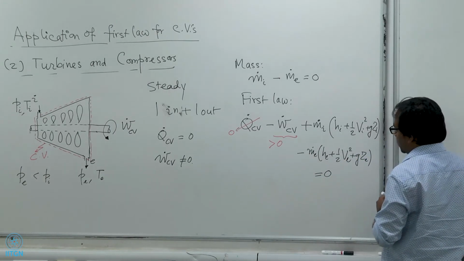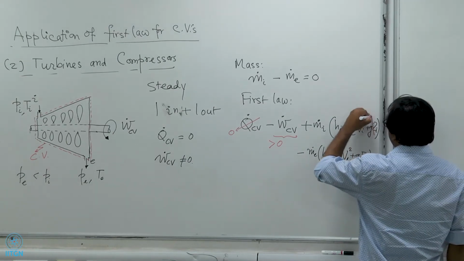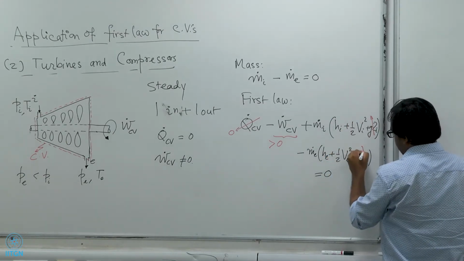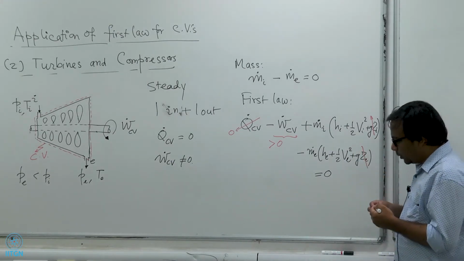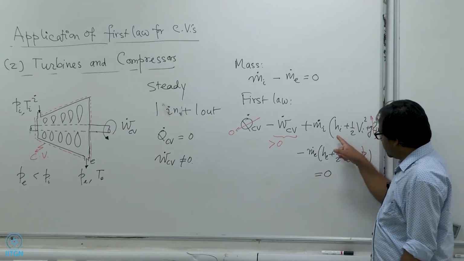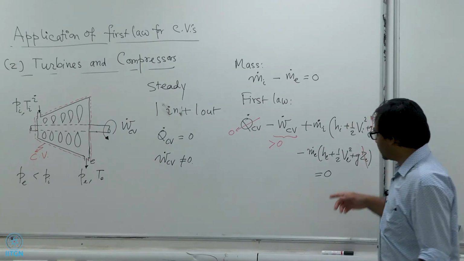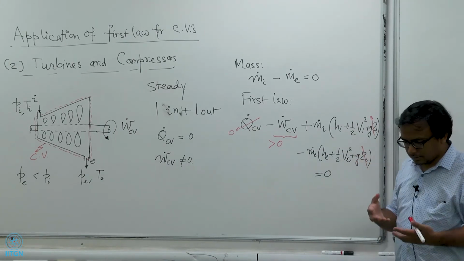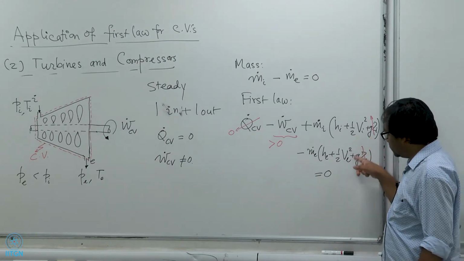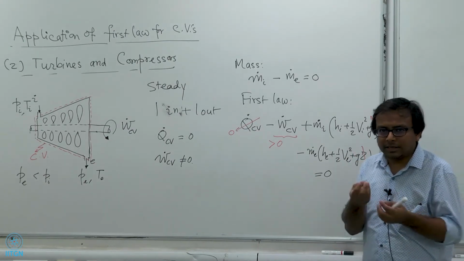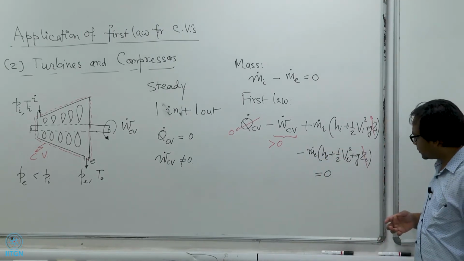What we usually find is that the changes in potential energy are negligible and can be neglected. If you look at the property tables, you will see that the enthalpy values are in thousands of kilojoules per kg, whereas these values are merely in joules, or maybe just a few kilojoules, even if the velocity is very large.